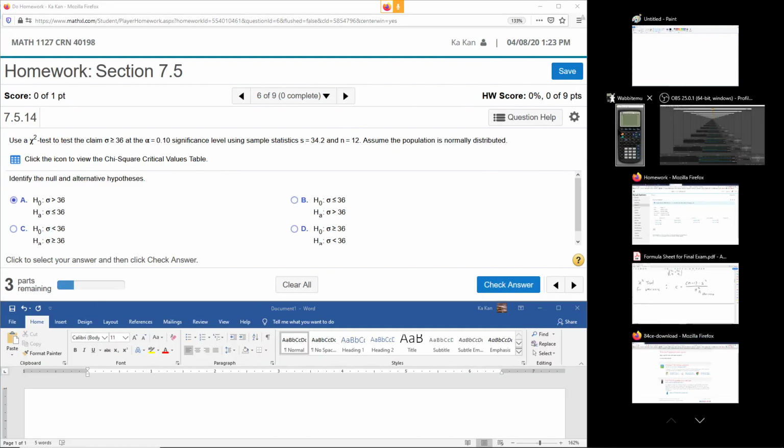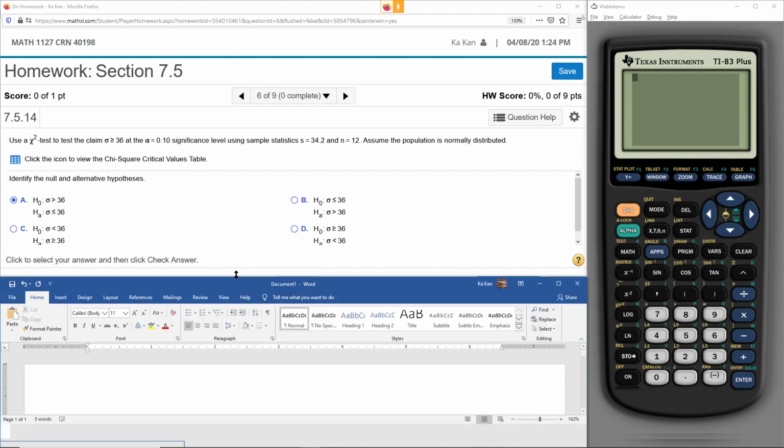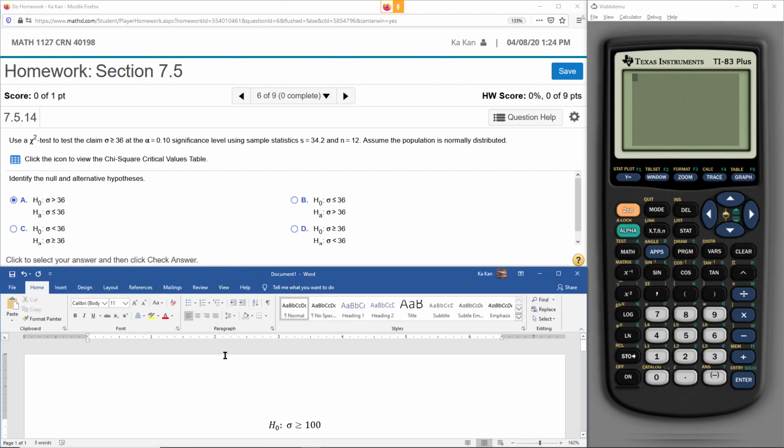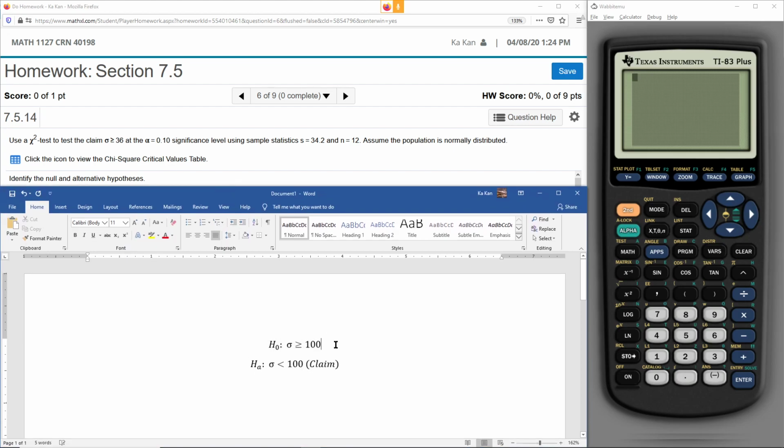They say use the chi-square test to test whether or not to claim that the standard deviation is bigger than 36. So right from the start, I'll change that to bigger than or equal to 36, and this is the claim this time around. So the alternative, of course, will be less than 36, just like what we did before.